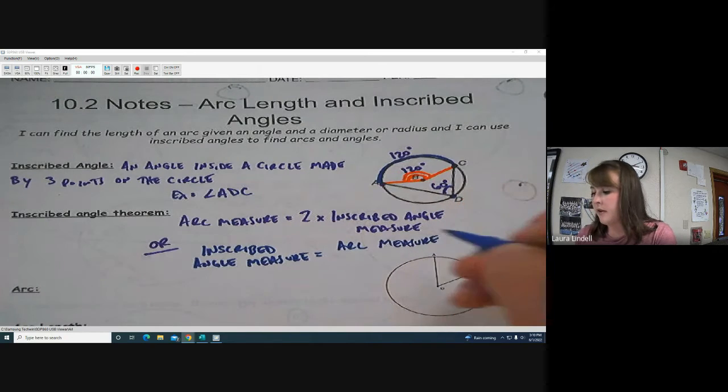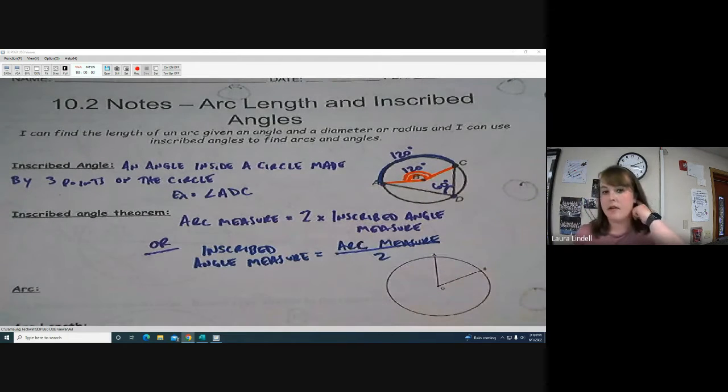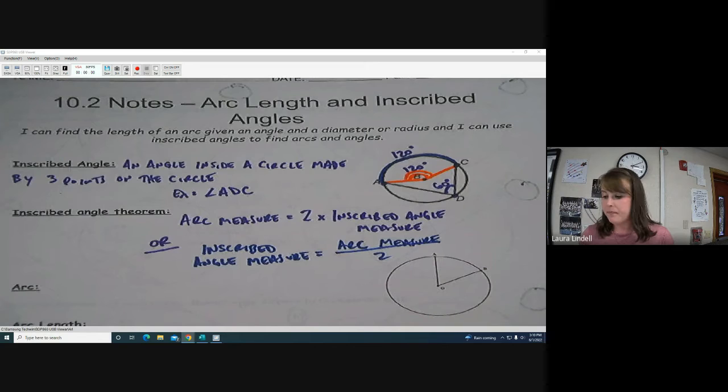Or the arc's central angle measure divided by 2. So they have this relationship that one is twice the other. Wow, those colors look very similar to one another, blue and purple. Oops. Oh well. Anyways, here we go. So that's one thing that we need to make sure we know.